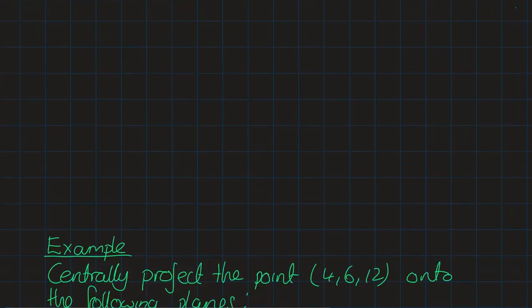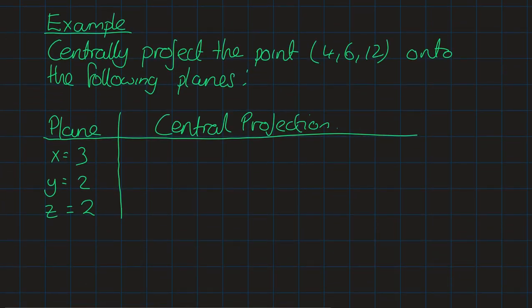Let's do another example. This time, this example says centrally project this point onto the following planes, and the planes are the things that are changing this time. So the first plane is going to be the x equals 3 plane. So I'm going to project this point onto the x equals 3 plane. In particular, it means that d is equal to 3 in this case.